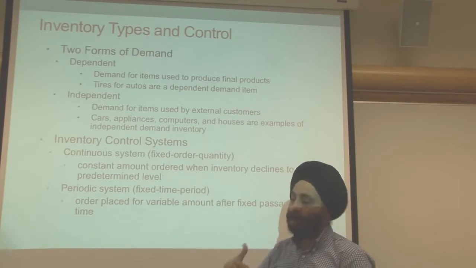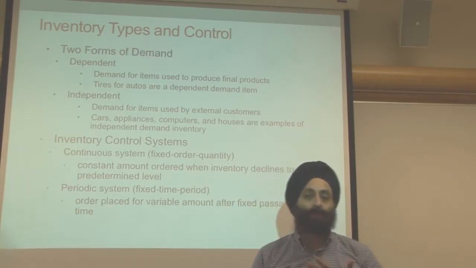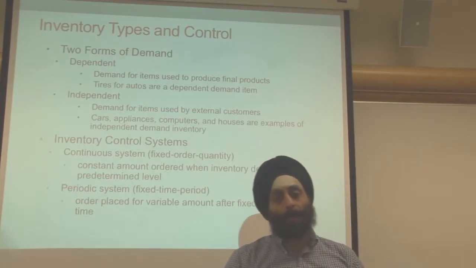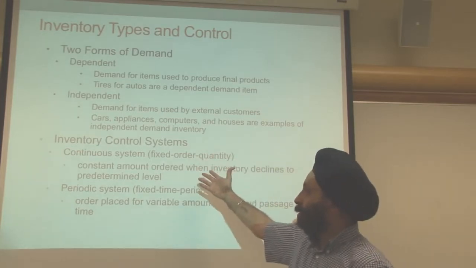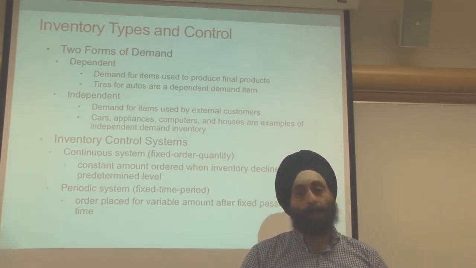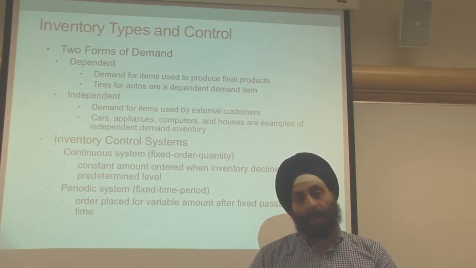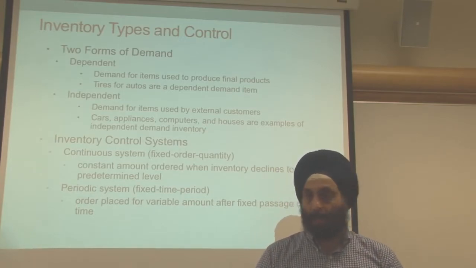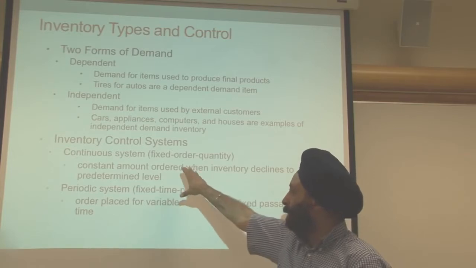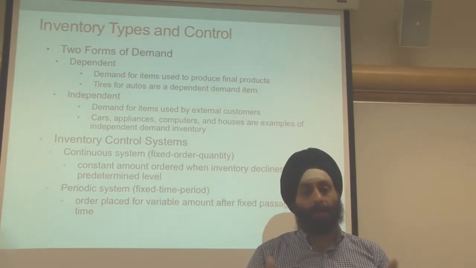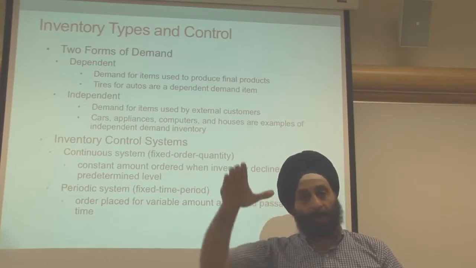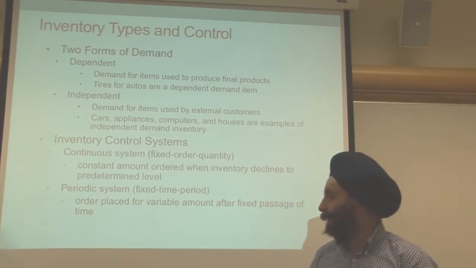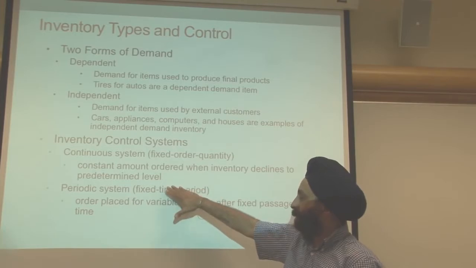Remember, we mentioned there are 2 primary questions in inventory management: how much to order and when to order. In a continuous system, how much to order remains constant, but when to order is dictated by when we reach a certain predetermined level.